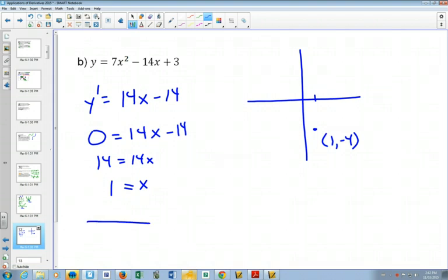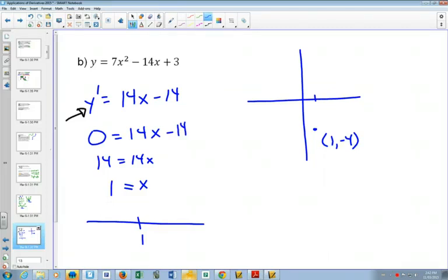But what we did is once we find out our critical point, which is at 1, because that's a place where it could change from increasing to decreasing, you plug values into your derivative to find out where my derivative is positive, where my derivative is negative.